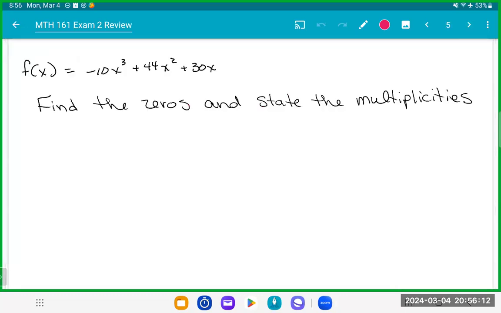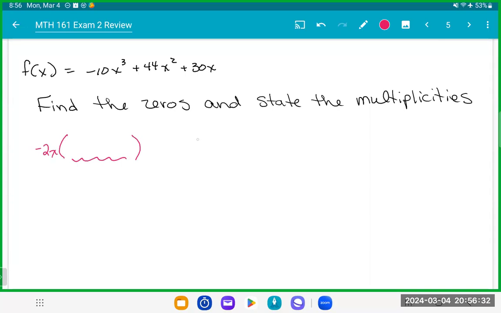This next one, you're finding the zeros and stating what their multiplicities are. So in this case, you'll want to factor this equation. This one looks like you could take a -2x out of it to start with. What are you left with on the inside?